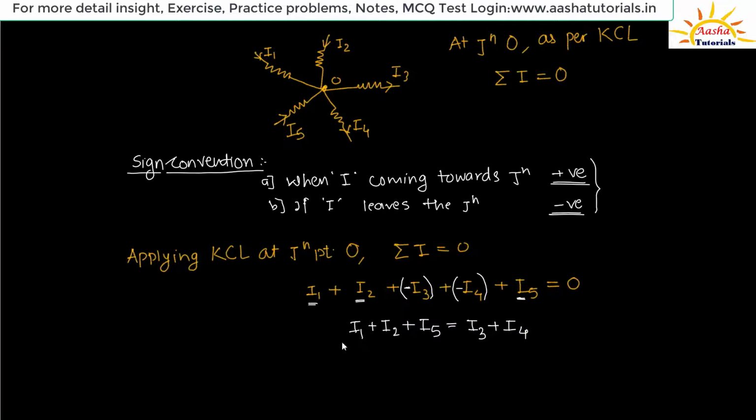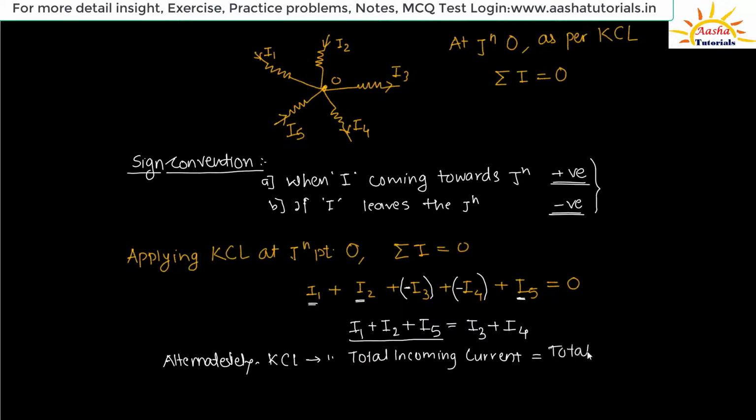So from this relation again, we are able to write Kirchhoff's current law. How can we write it? Here you see that I1, I2, I5 is the total incoming current, and that is equal to I3 plus I4, the total outgoing current.